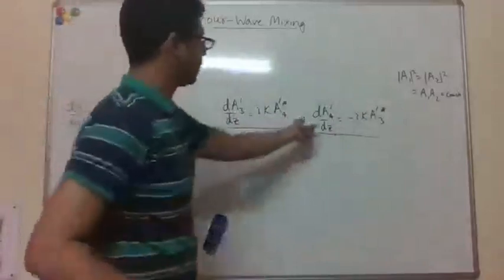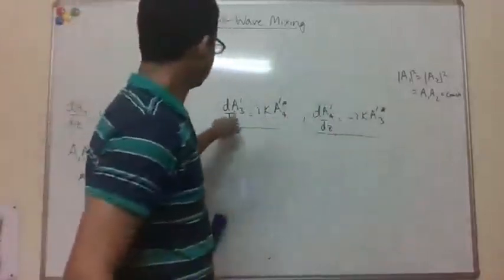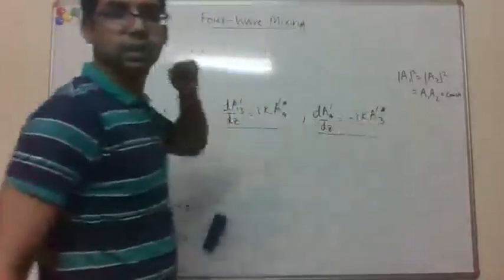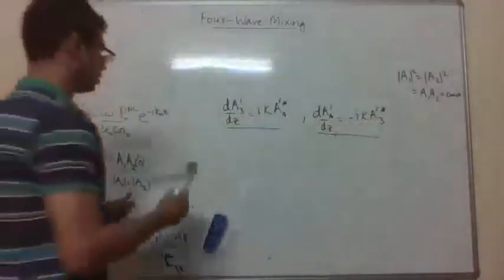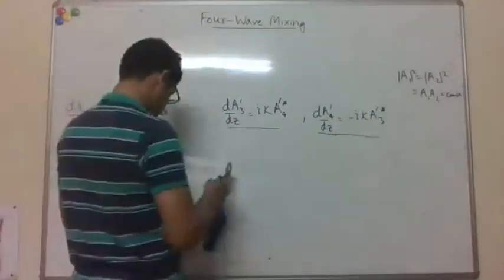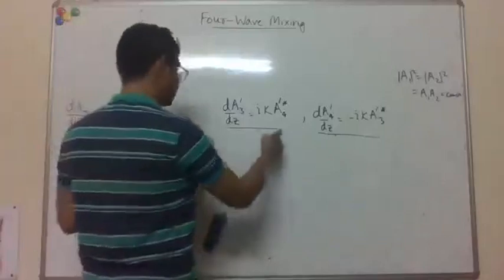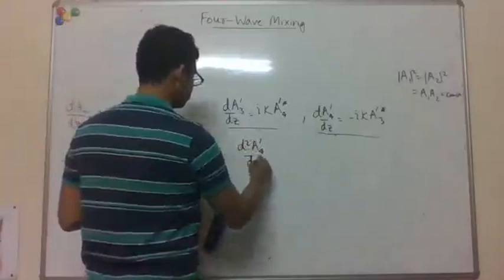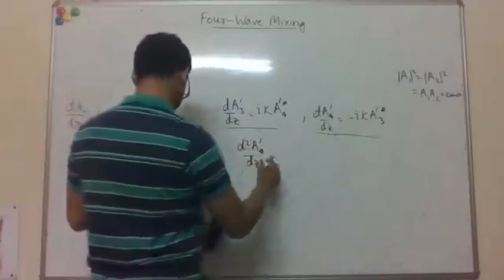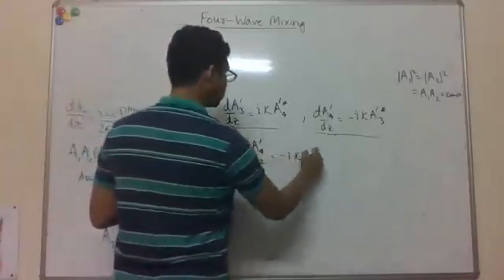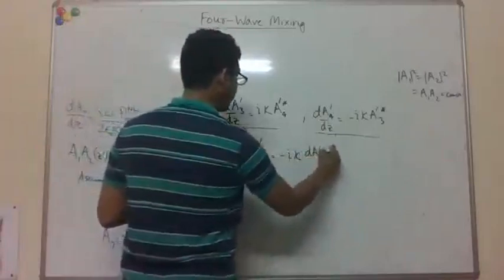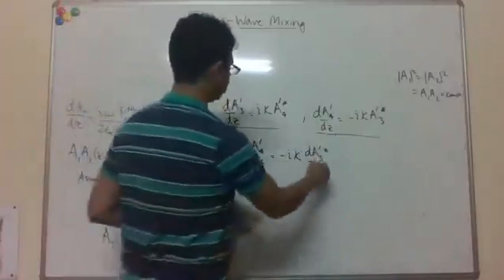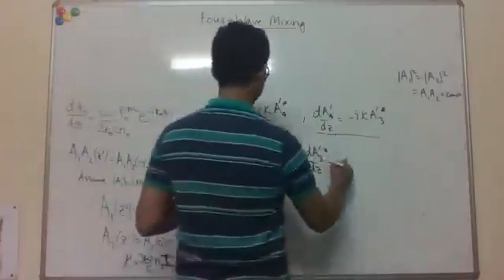So here now you can finally directly see that A3 is driven by the conjugate of A4, A4 is driven by the conjugate of A3. Right. So for example, if I differentiate the equation for 4, then you get this, and now dA3 by dz I can use from here.